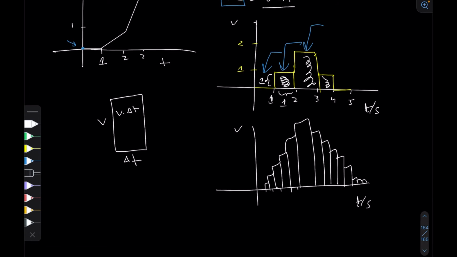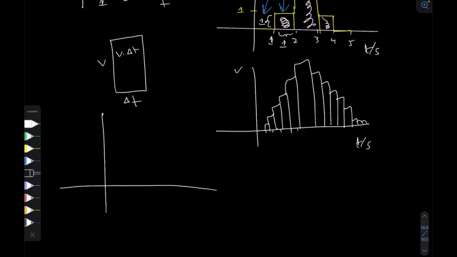Now, you plot the displacement time graph by just finding the areas up to that point. For example, if this is t equals 2, what I would be doing is taking this area, this area, this area, this area, this area, adding them all up, and the value it gives me will be my value of displacement.